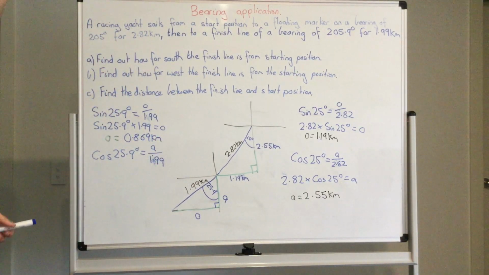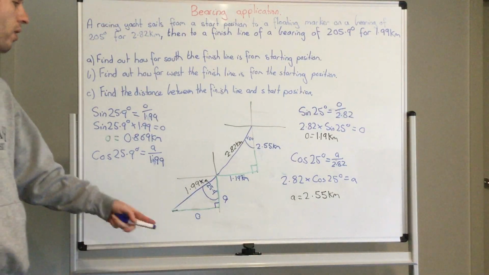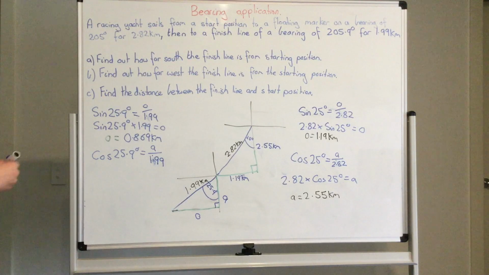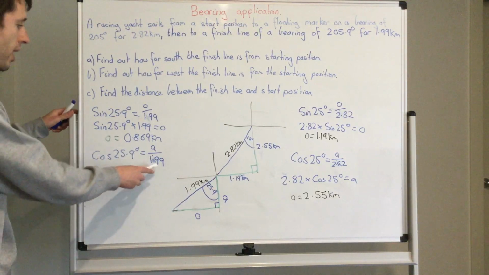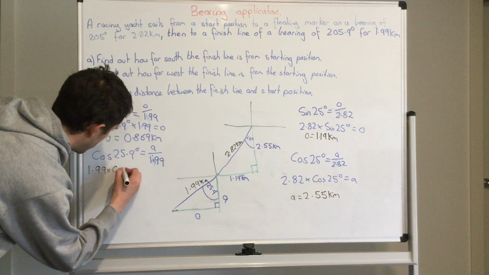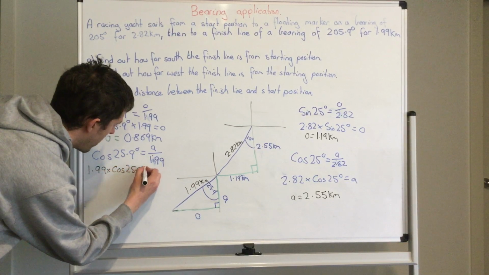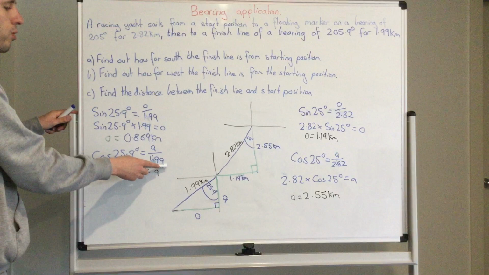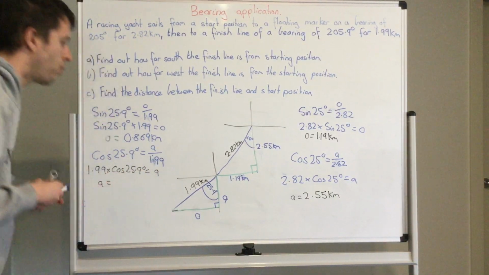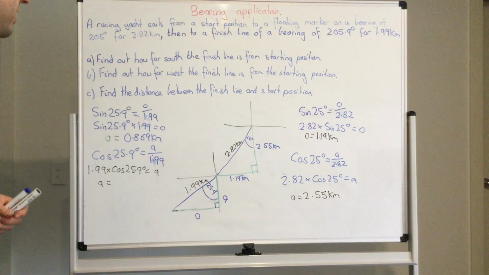Let's have a go at finding out what our adjacent is. To find out what our adjacent is, we need to times both sides by 1.99. Because we're timesing both sides by 1.99, it cancels it out on this side, so we're just left with A. And then we can find what our adjacent side is.